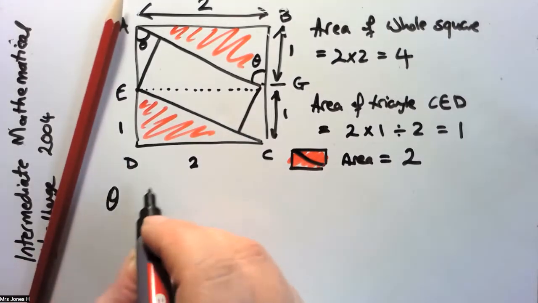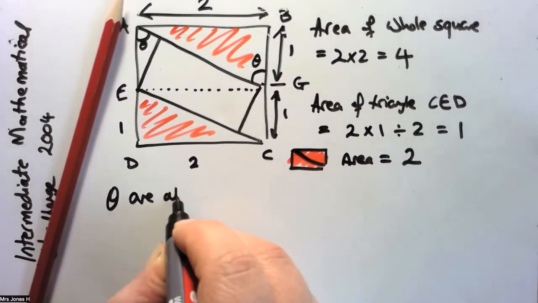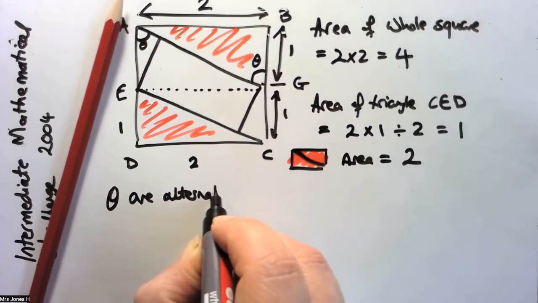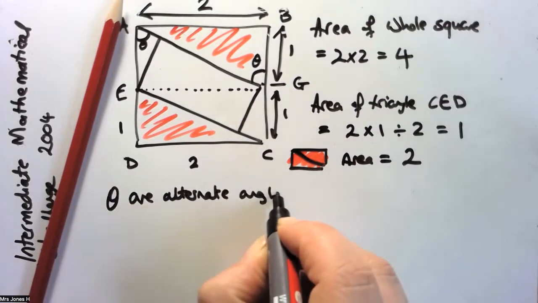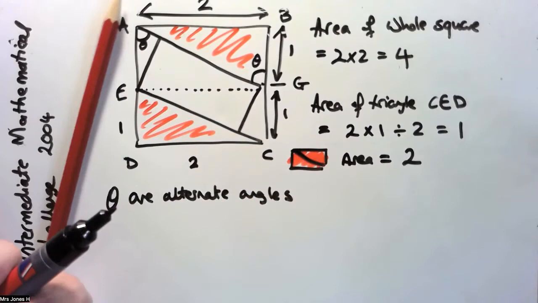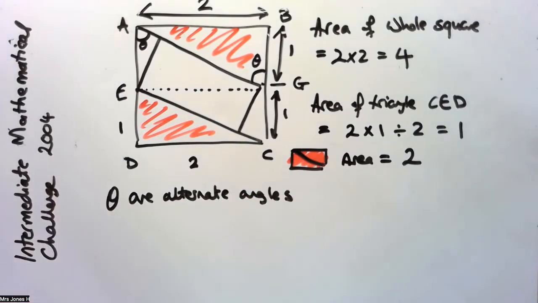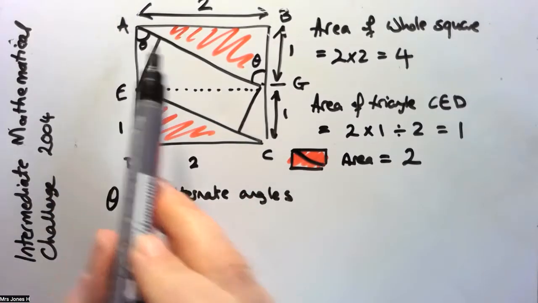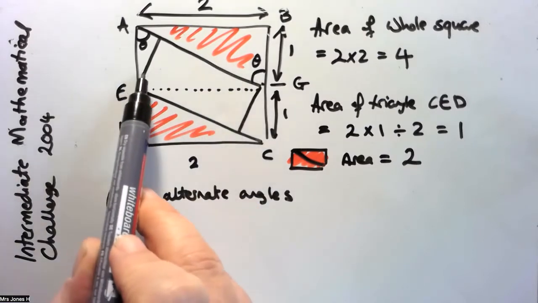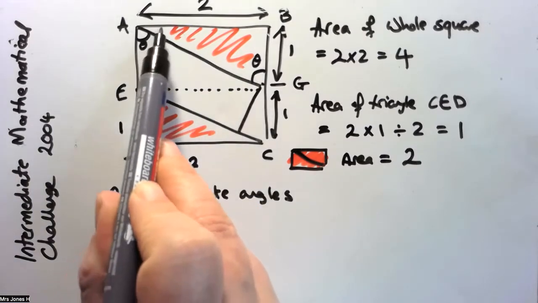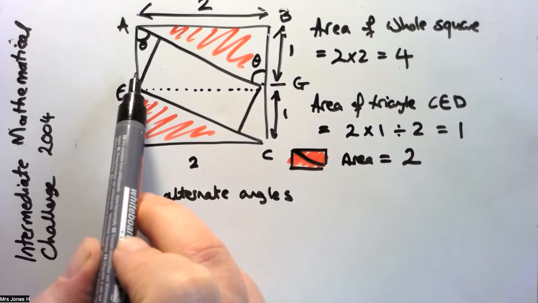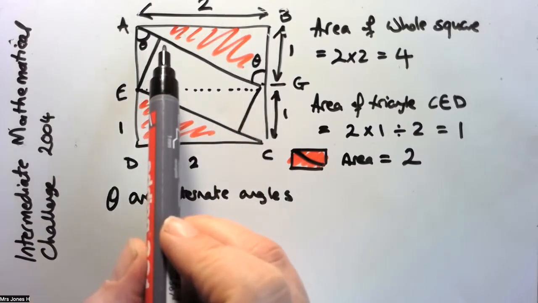So theta are alternate between those parallel lines. We've got a theta here, so we've got similar at the same angles here and here as well. And we're looking at the ratio of lines.